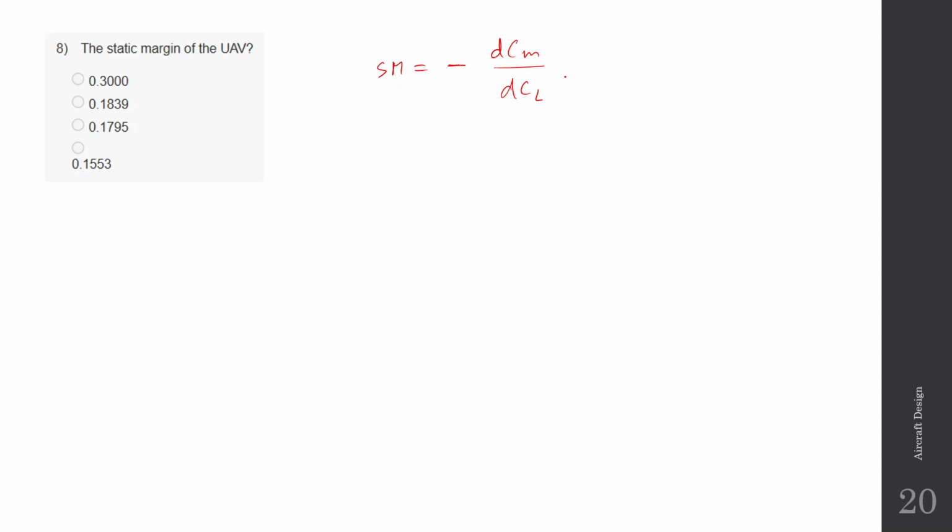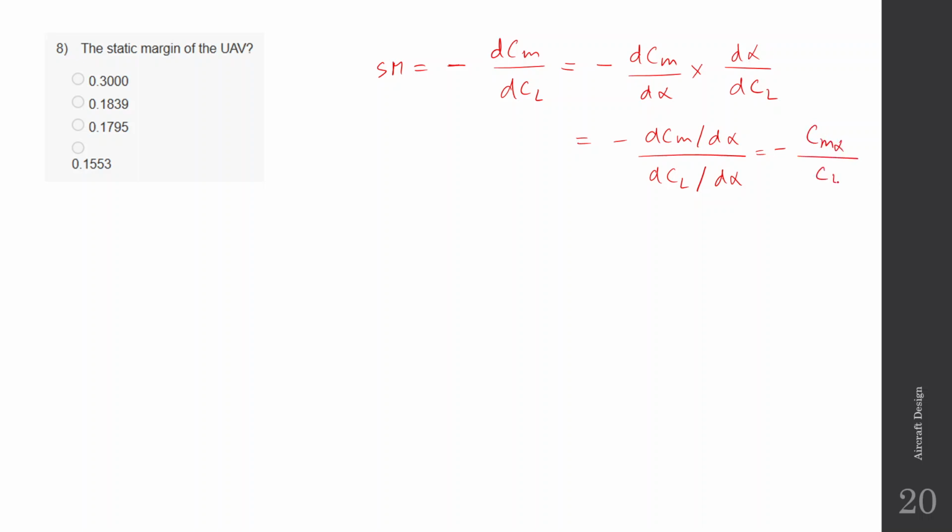What we can do is we can use chain rule. So we can write something like this. So we can also write that static margin is equal to minus Cm alpha by Cl alpha. Okay, and all the values are given.